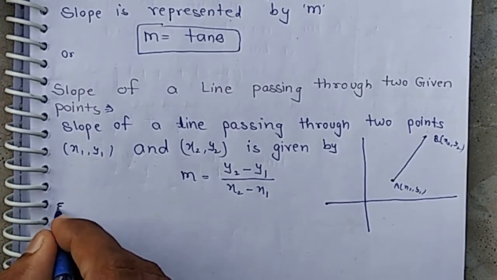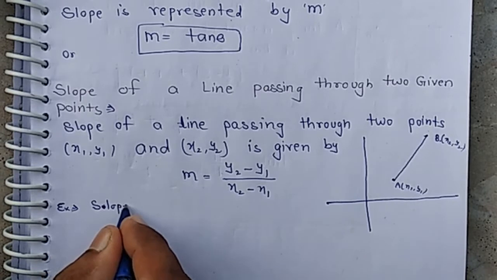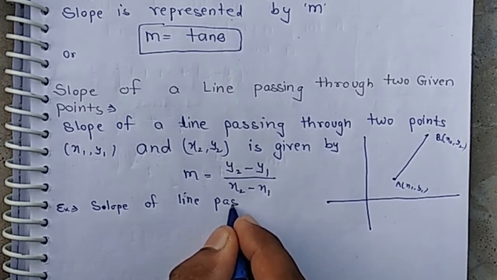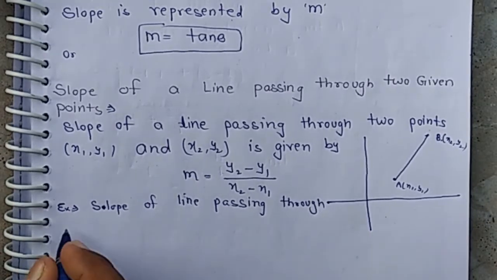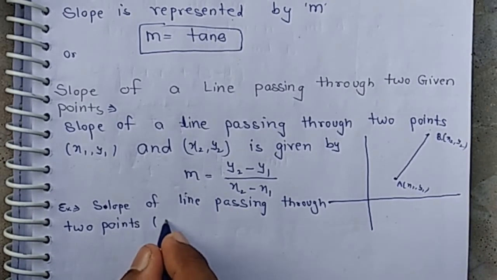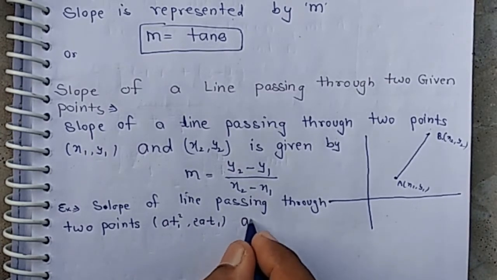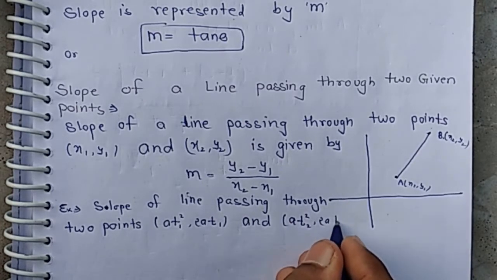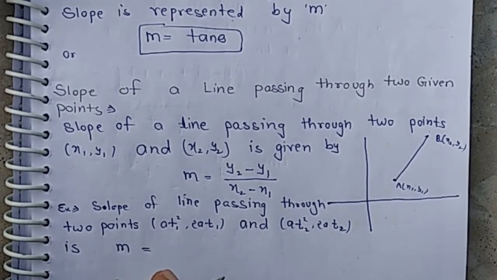For example, slope of line passing through two points at1 square comma 2at1 and at2 square comma 2at2 is m equal y2 minus y1.